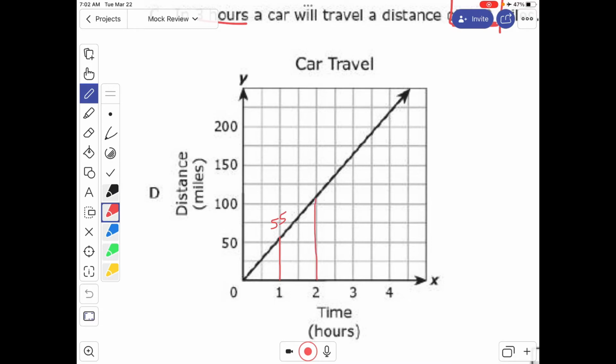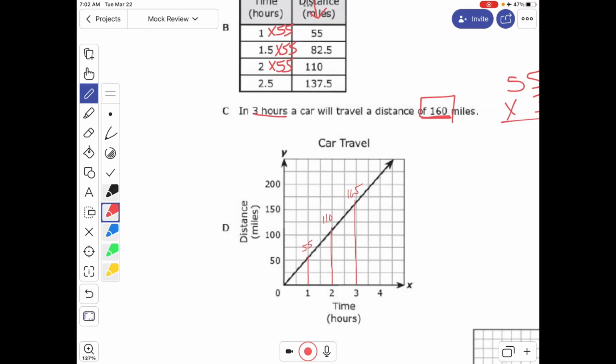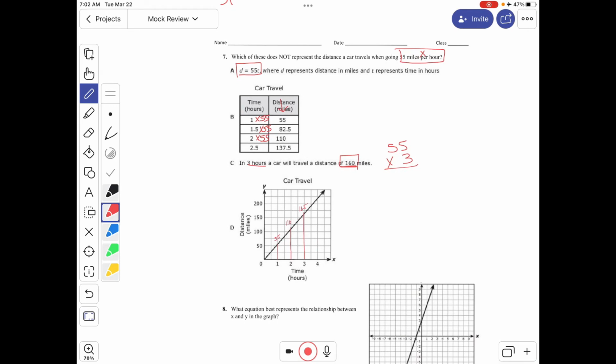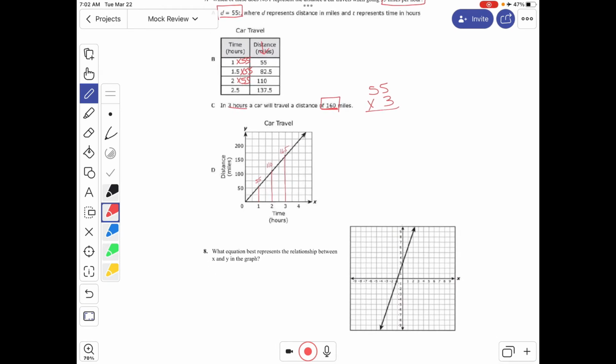At 2, would I get about 110? At 3, that's about 165. Which one does not work?